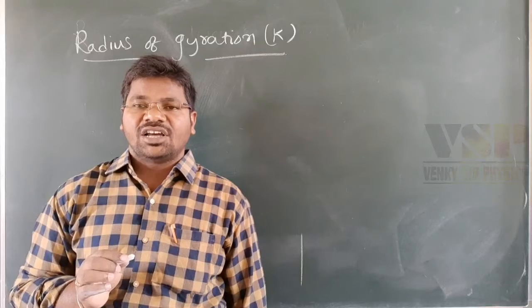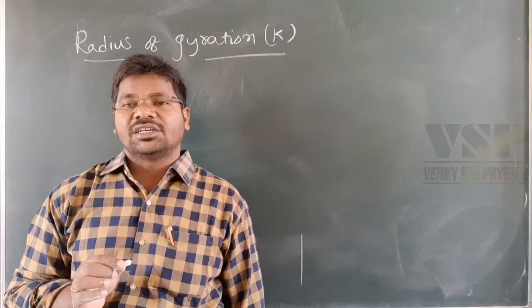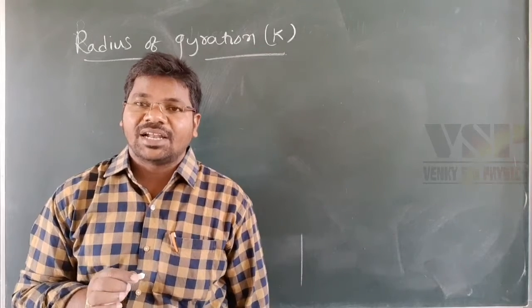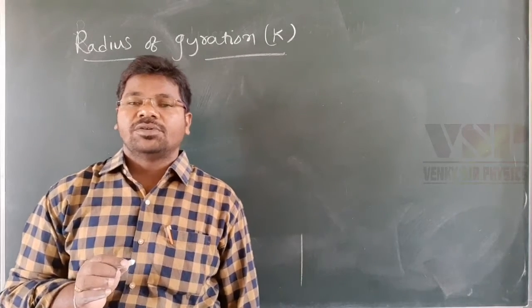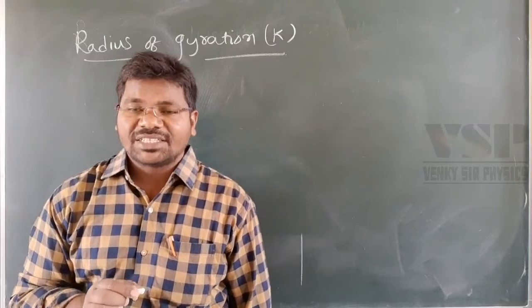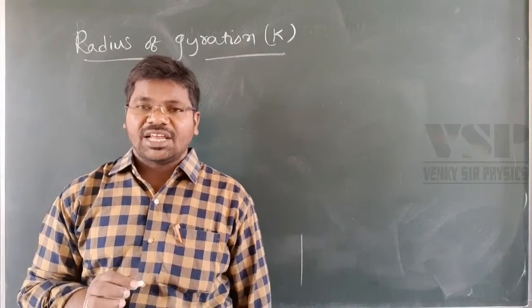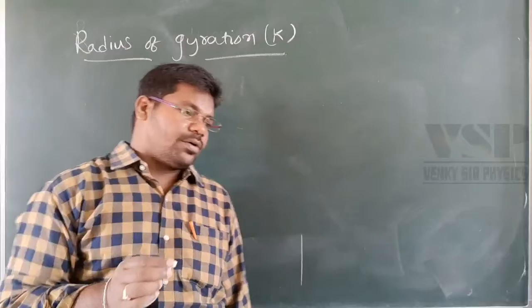the distance of a mass particle from the fixed axis of rotation, whose mass is equal to the mass of the total body, and whose moment of inertia is equal to the moment of inertia of the body. Understand?